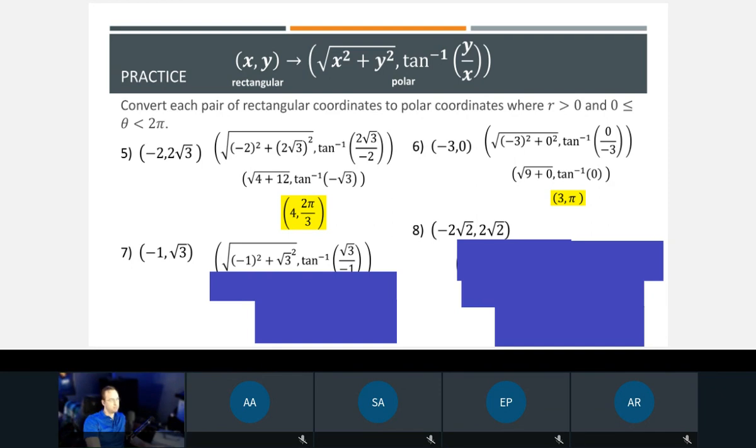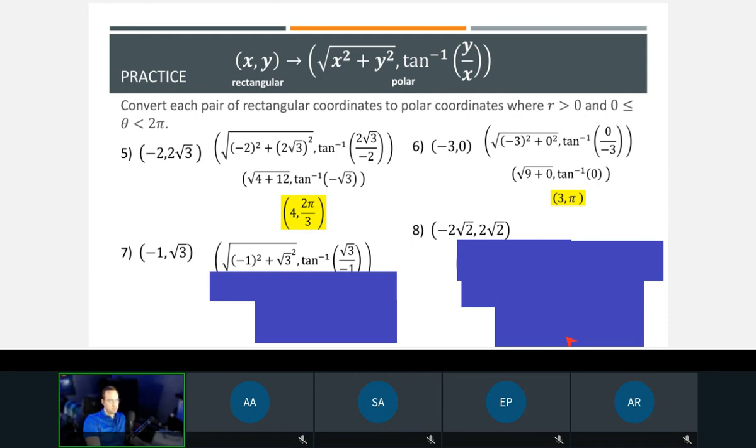Probably. So quadrant 1. Nope, that's in quadrant number... So you've got to be careful.